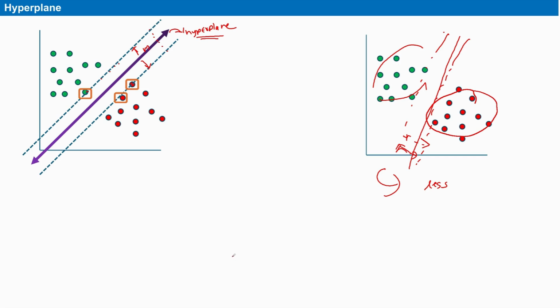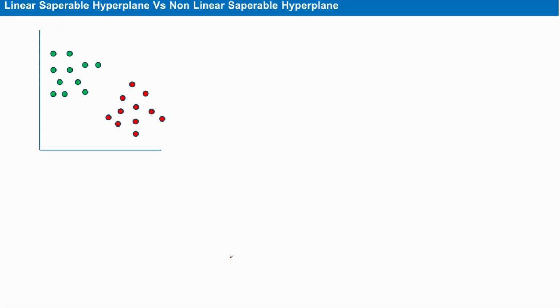Now let's move to the next thing: what is a linearly separable hyperplane and what is a non-linearly separable hyperplane. The example we saw on the previous slide is linearly separable data, because if I draw a simple linear line, it can easily separate the positive examples from the negative examples.